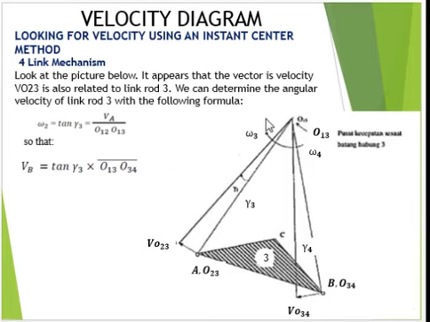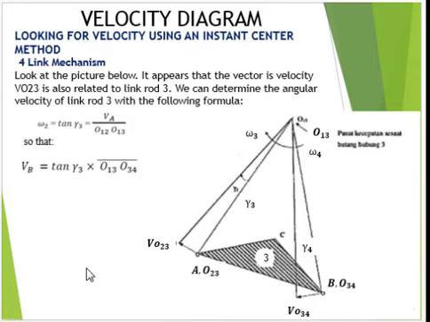Now look at the picture below. It appears that the velocity vector at O23 is also related to link 3. We can determine the angular velocity of link 3 with the following formula: omega 2 equals tangent gamma 3 equals VA, the velocity at A, divided by the radius O12 O13.